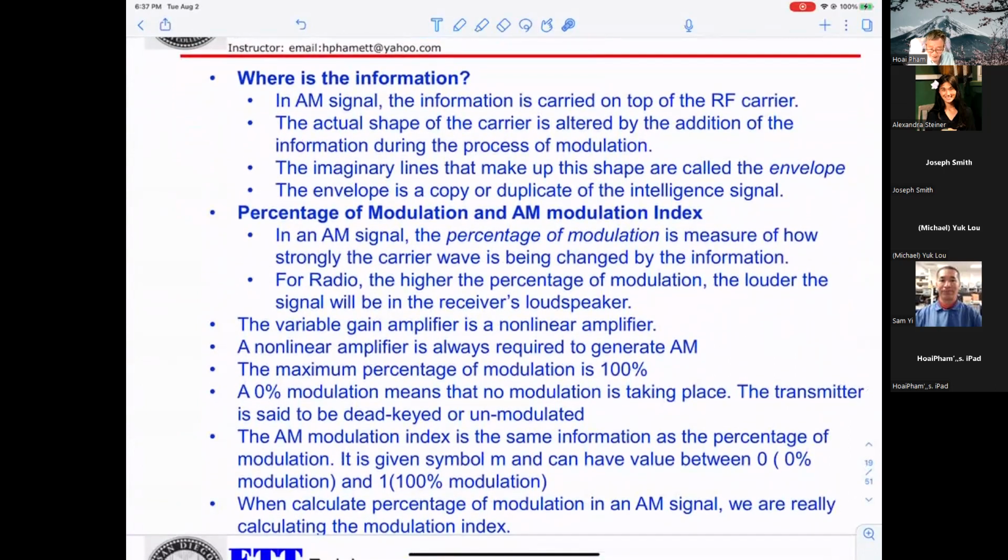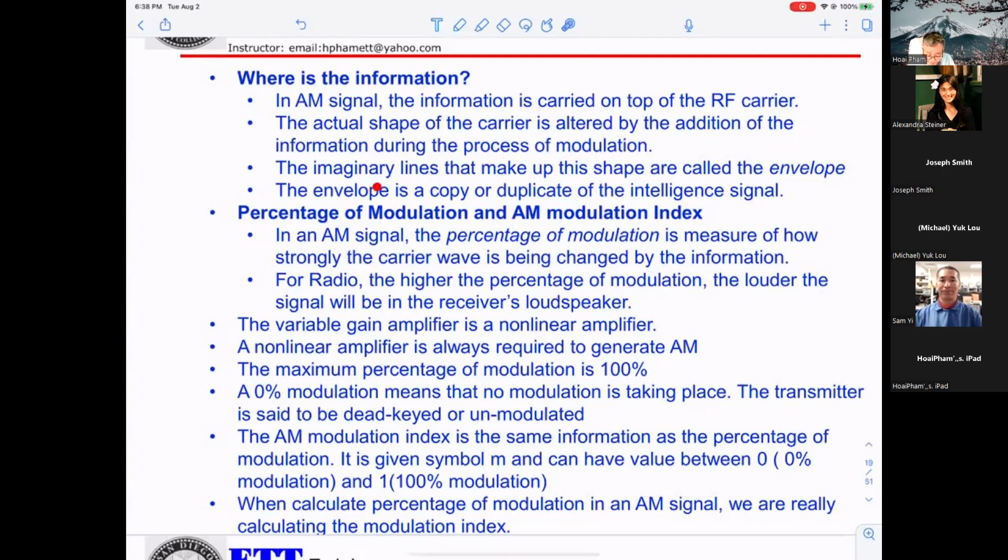Now, where is the information in an AM signal? The information is carried on top of the RF carrier. The actual shape of the carrier is altered by the addition of the information during the process of modulation.